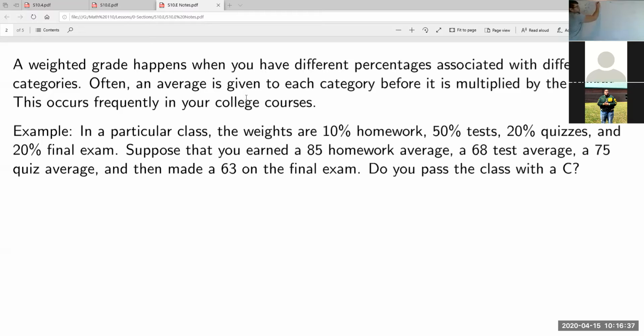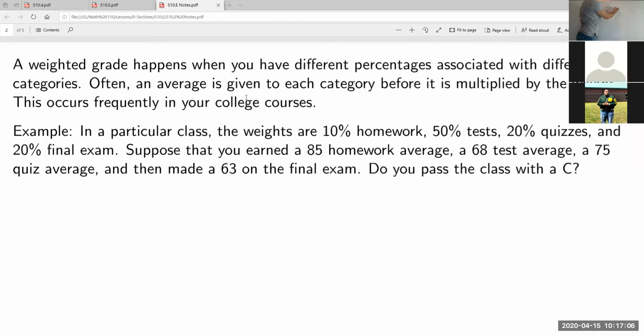Then tests are 50% with a 68. Quizzes 20%, with a 75.